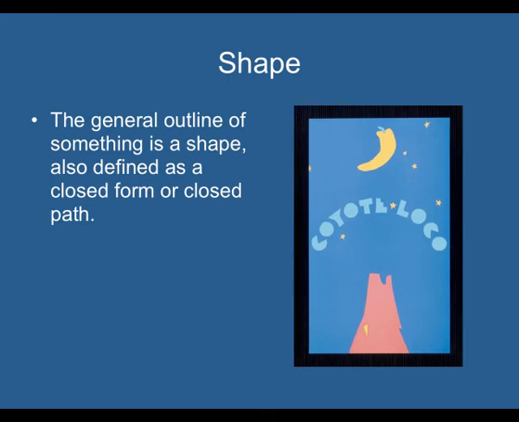Which brings us to shape here. So the general outline of something is a shape. And we can look at it as a closed form or a closed path.